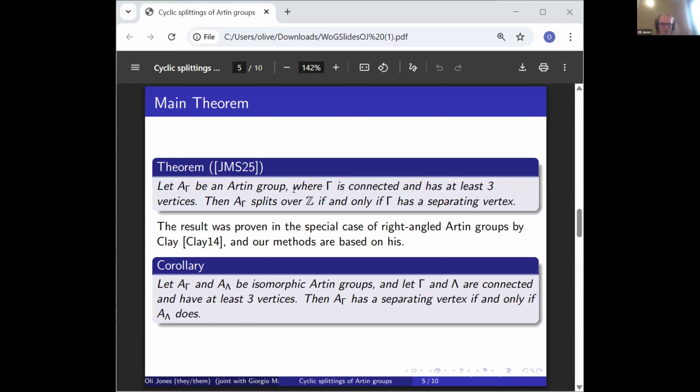You're seeing chains of commuting things which almost look like a RAAG in some conjecturally precise sense inside your Artin group, and we're using these embedded chains of commuting things. They don't quite make RAAGs, of course, but that's the idea behind how the generalization works. We made other changes too; there were a few times Clay used things that aren't known for all Artin groups. Of course, there are many such things, so we had to circumnavigate that, but the strategy really is Clay's, even though the details had to change.